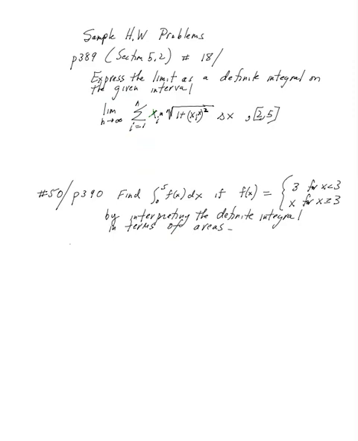Well, remember, this limit of a sum gets translated into the definite integral symbol from 2 to 5. Then in our notation, we drop the subscripts.